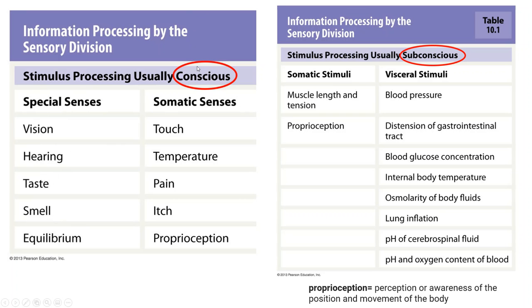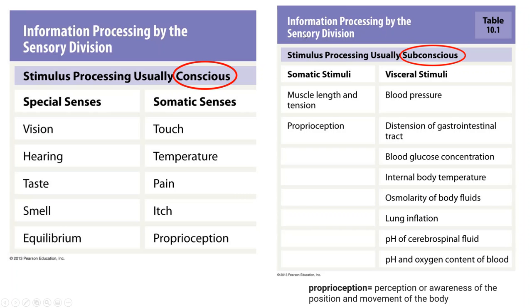These are all conscious. And among the general conscious somatic senses, there are touch, temperature, pain, itch, and proprioception, which we're going to define as awareness of the position and movement of the body.